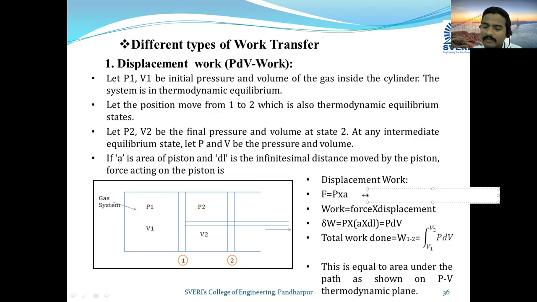Pressure into area. F is equal to pressure into area, because we consider small a is the area of the piston. P is the pressure, so we can have the equation F is equal to P into A. This is equation number 1.